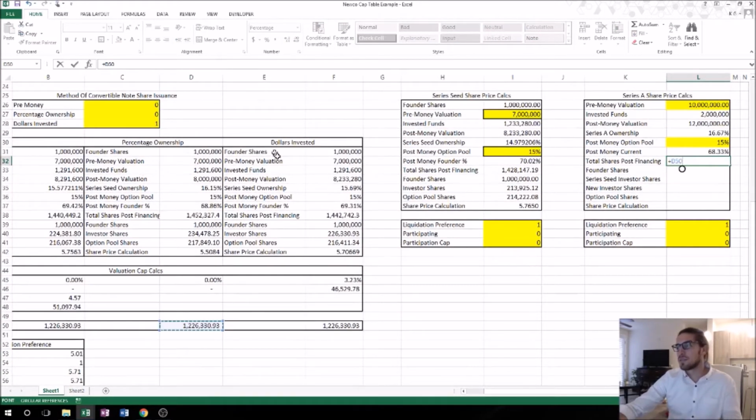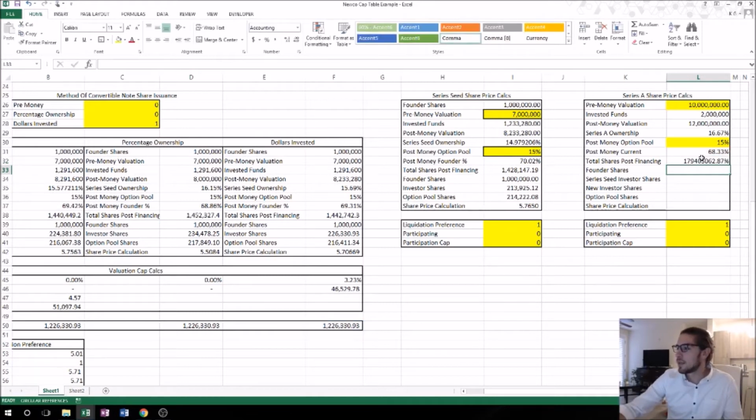Now each of the 3 methods has the exact same figure, and it's also the same if you do it without any sort of convertible debt issuance. So we can just reference one of these cells and leave the if statement alone on this one. We reference the total shares for calc, and then we divide it by the post-money current percentage, and we know that the total shares post-financing is going to be about 1.794 million.